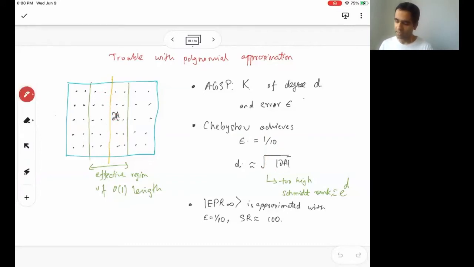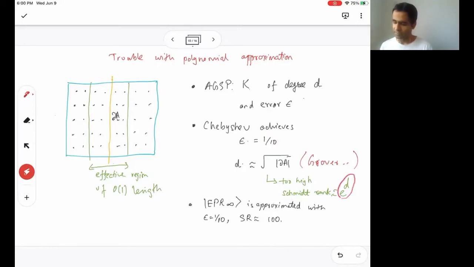This is a similar phenomenon to what also happens in Grover search and so on, and this might be very familiar to many people in quantum computing. Now, having an error epsilon of 1 over 10 and degree roughly square root of the area is too high, because the Schmidt rank, which you would expect, scales as the exponential of the degree.